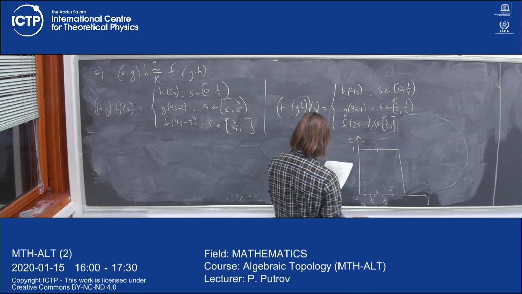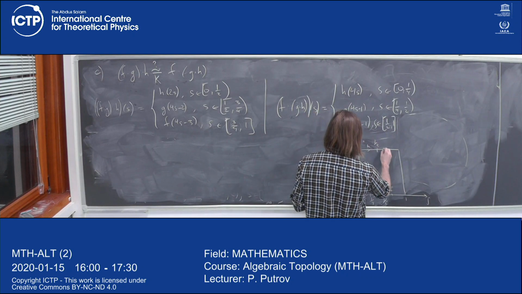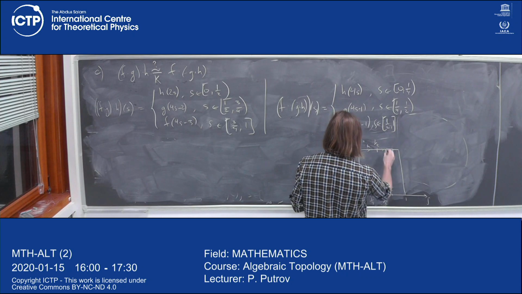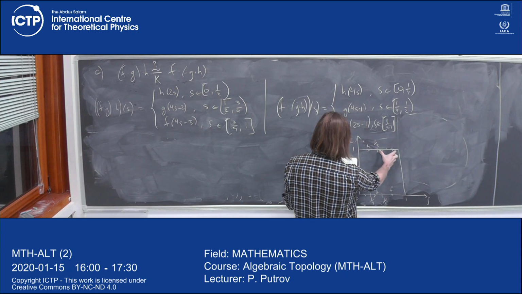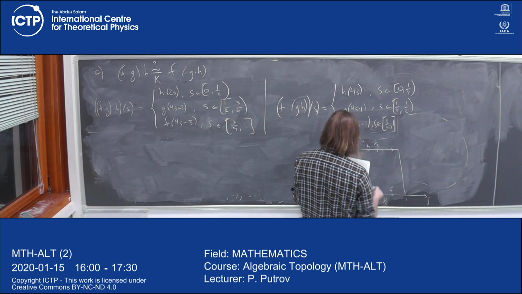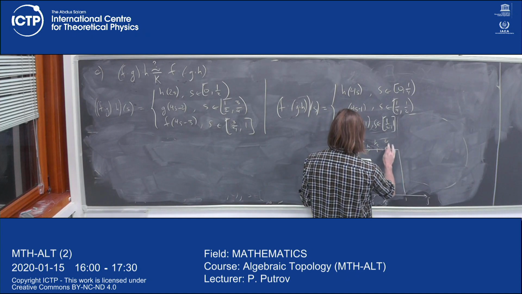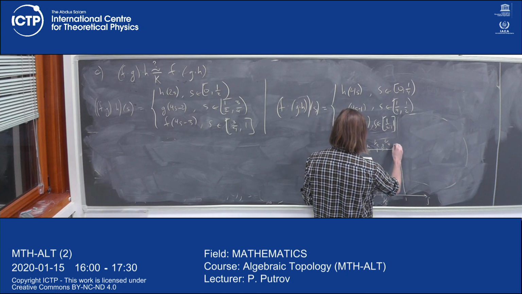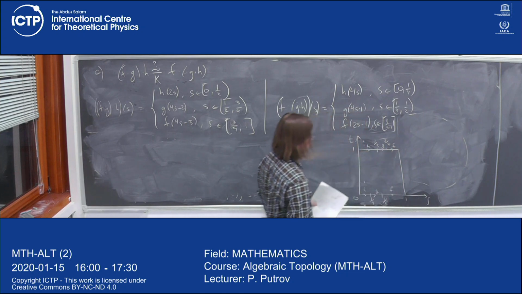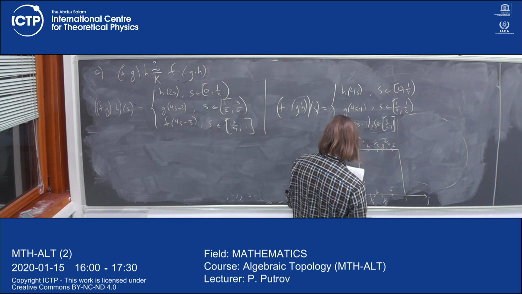But on the top, from 0 to 1/2, we put a scaled h. And here we first compose g and f, so we're going to scale them first by 1/2 and then another time by 1/2. So g and f are scaled by a factor of 4, and this h is scaled by 2.